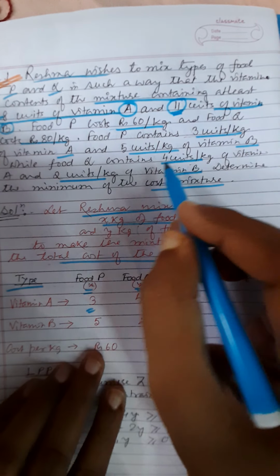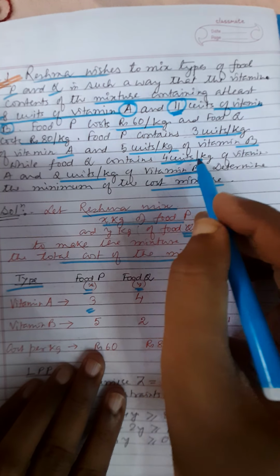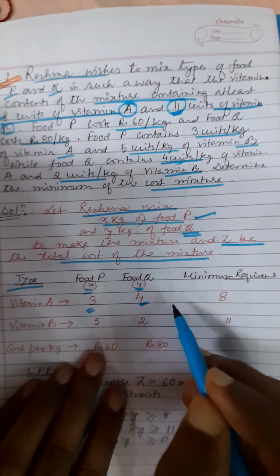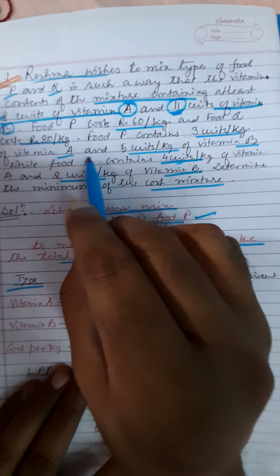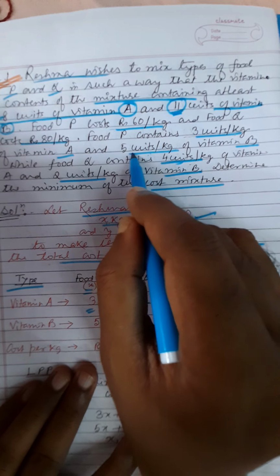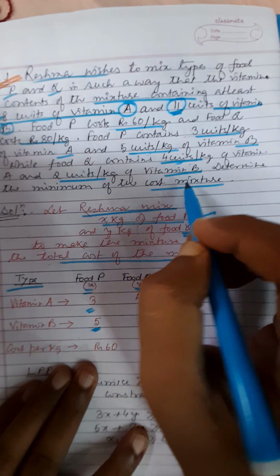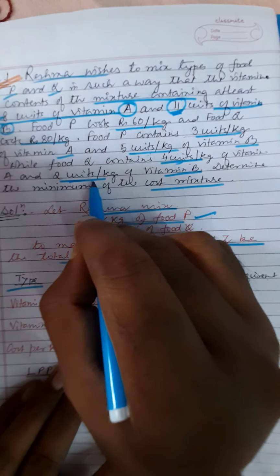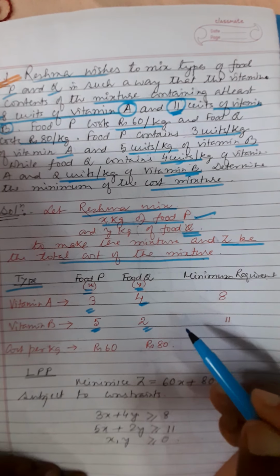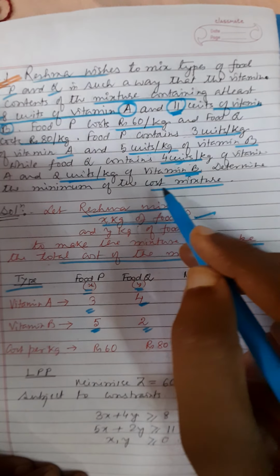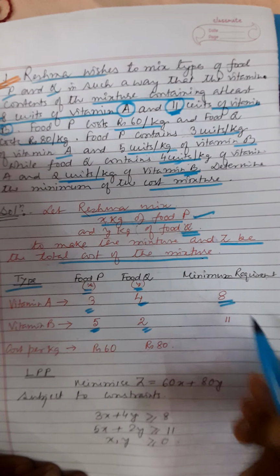Food Q contains 4 units of vitamin A. Food P contains 5 units per kg of vitamin B, and food Q contains 2 units of vitamin B. The minimum vitamin A is 8 units.